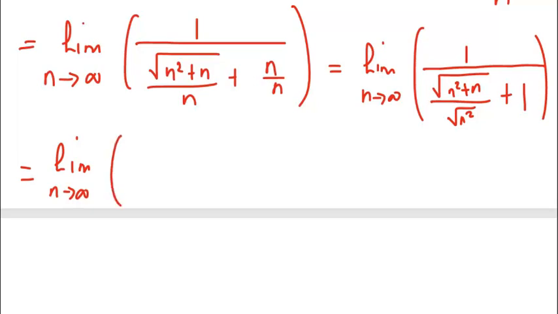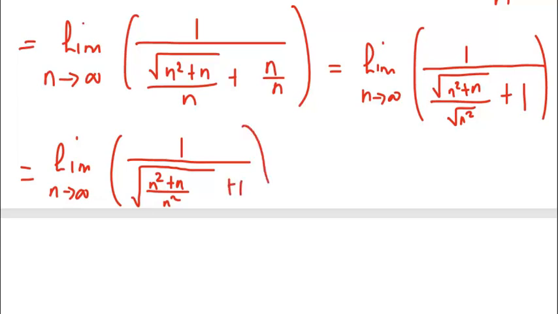So here we're going to have 1 divided by, so this would be square root of n squared plus n, then divided by n squared, right? Oh, sorry, this is not properly written. So this is going to be square root of n squared plus n divided by n squared. You get the idea? And here plus 1.